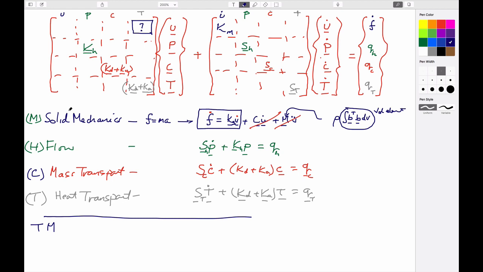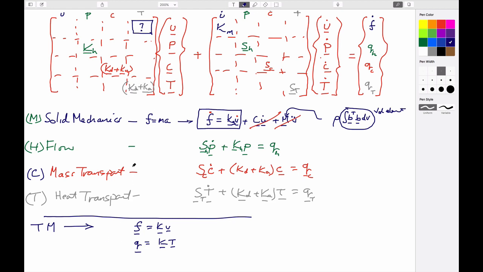The other potential term would be that since we're looking at thermomechanical behavior, it affects the equation F equals Ku, which is the solid mechanics part, and it affects Q equals KT, which is the steady state thermal conduction part, which is really what this term really is.